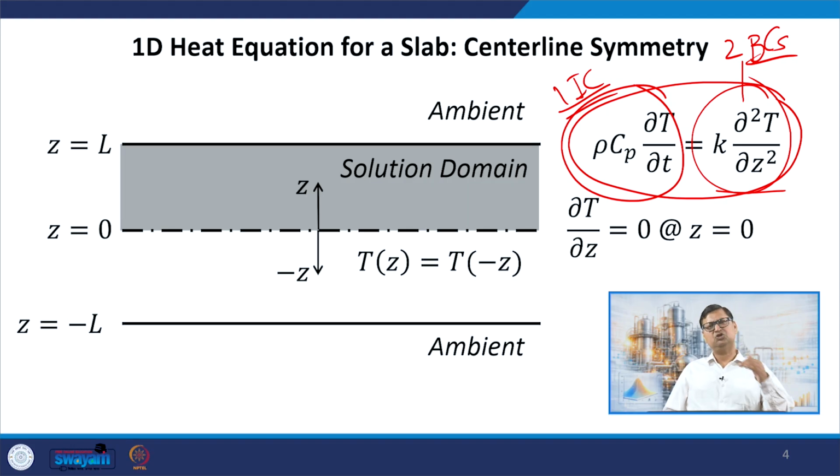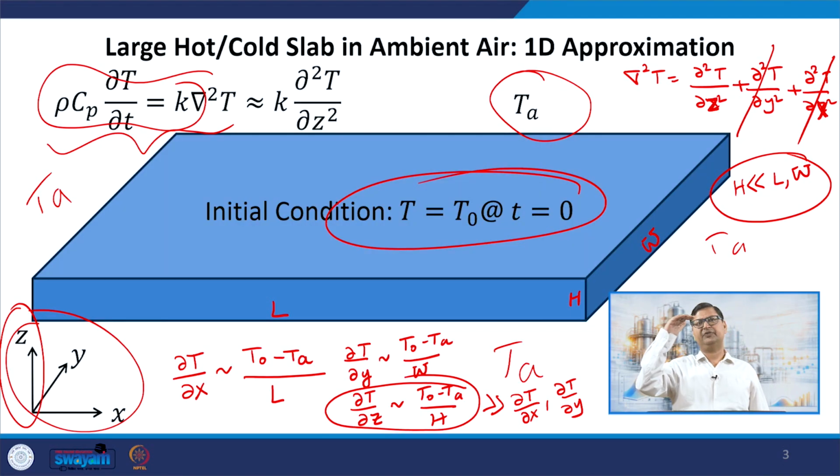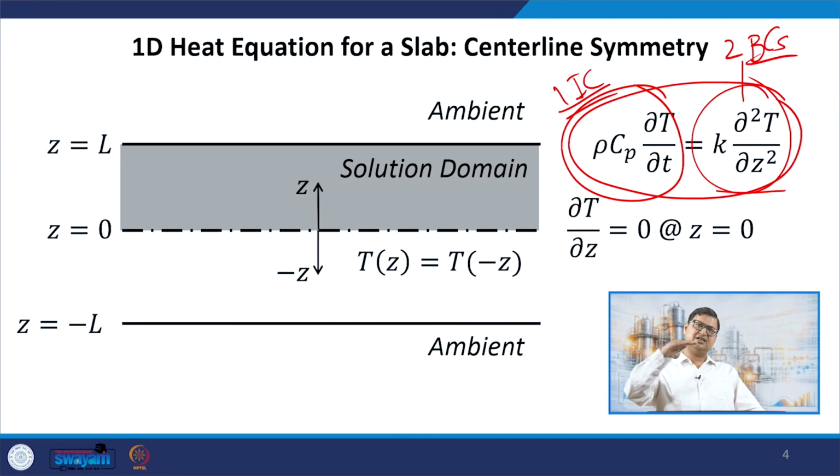But before I even do that, we are going to make an argument that is purely coming from the symmetry in the system, that since the surrounding of the slab is the same from the top and bottom, therefore I can actually define a center line of the slab.